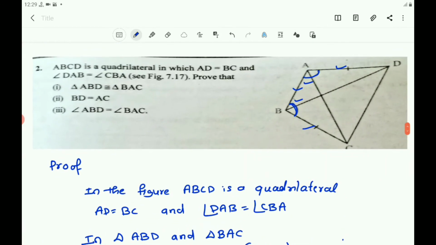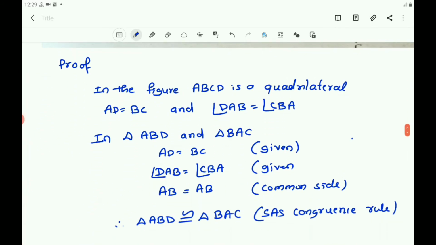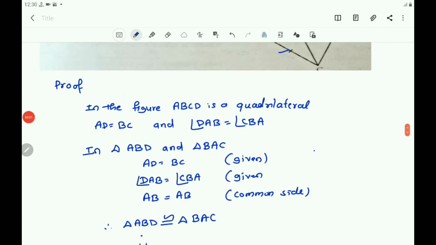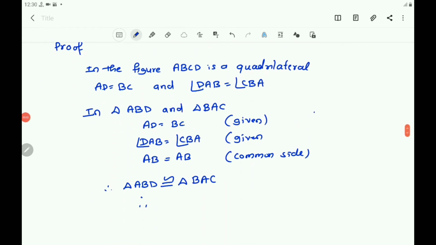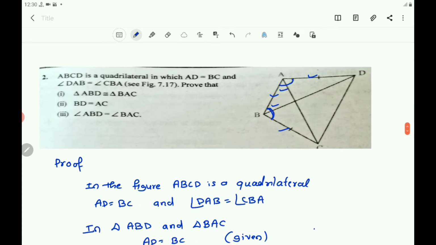Second one, BD is equal to AC. Naturally BD and AC are the corresponding sides of the congruent triangles. Therefore you write BD is equal to AC, and also angle ABD is equal to angle BAC.